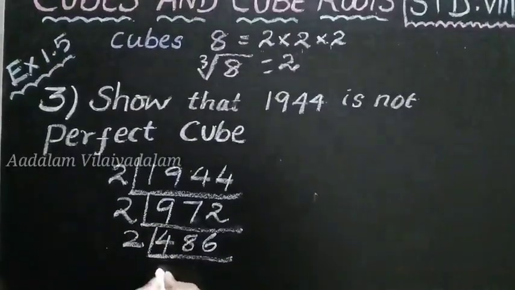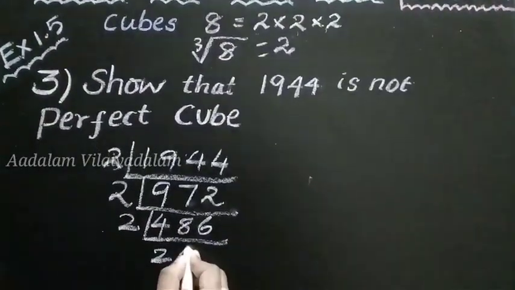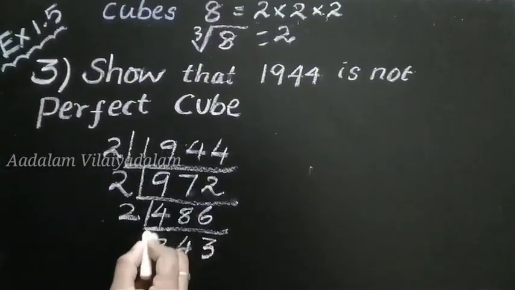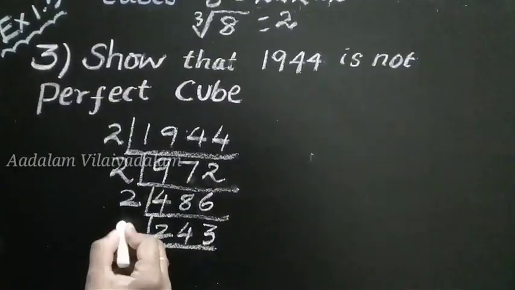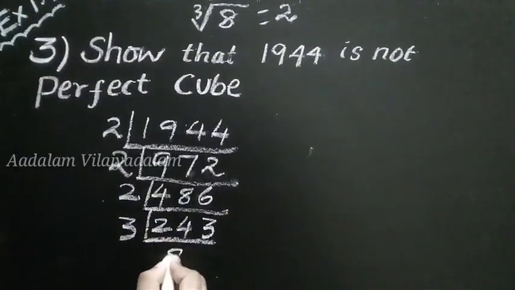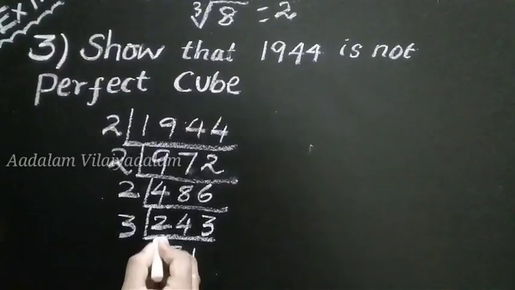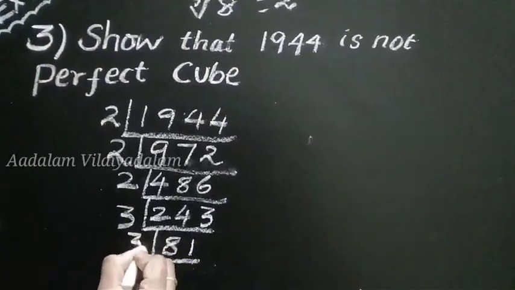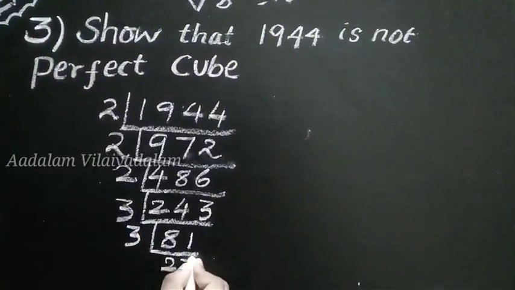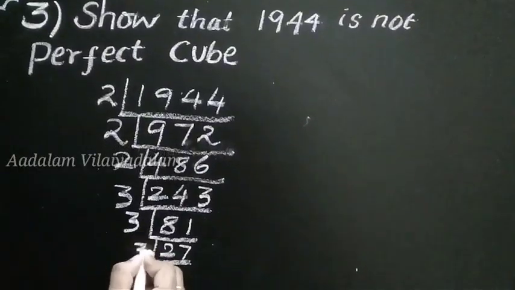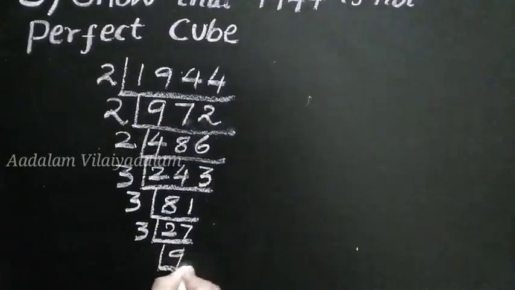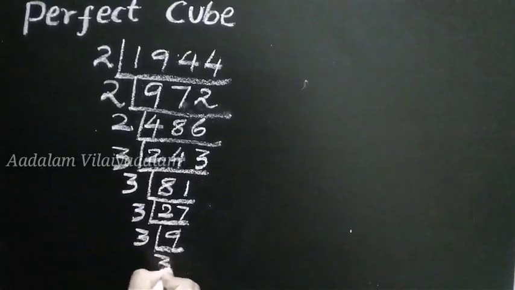Again 2 table, 2 2s are 4, 4 2s are 8, 3 2s are 6. Then 3 table, 3 8s are 24, 1 3 is 3. Again 3 table possible, 81, 27 times. So 3 table 9 times. Again 3 table, 3 3s are 9.